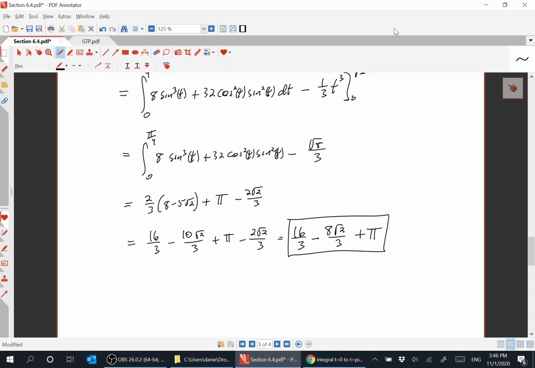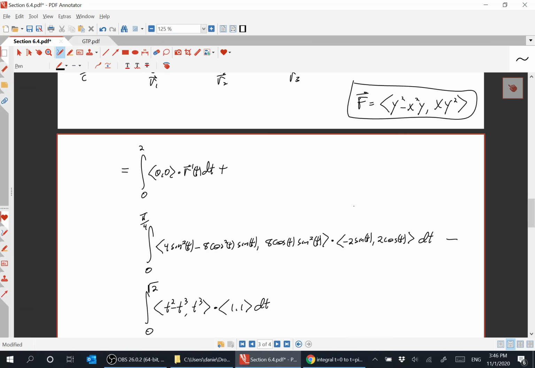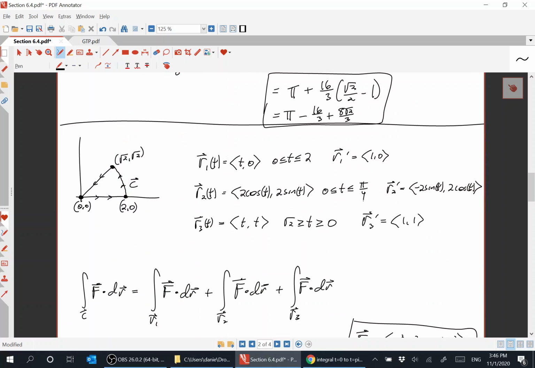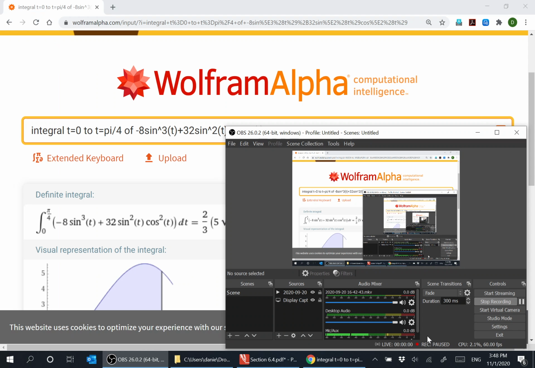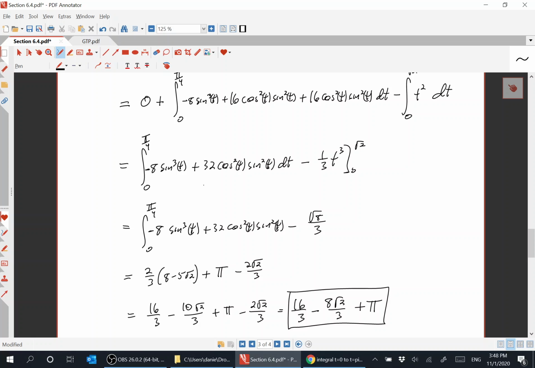Oops, I have the plus and the minus mixed up, don't I? Minus 16/3 plus 8 root 2 over 3. So that was supposed to be minus 8. I lost my minus 8 and it became a plus 8.